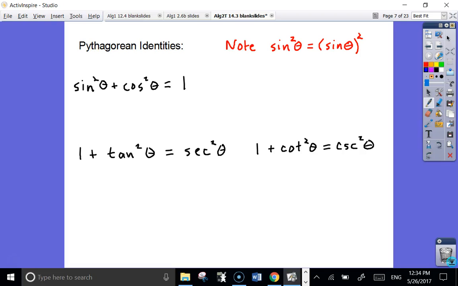Again, when we were using the unit circle, we made a triangle. Here's the angle theta. The y-coordinate was there, and that equaled sine.